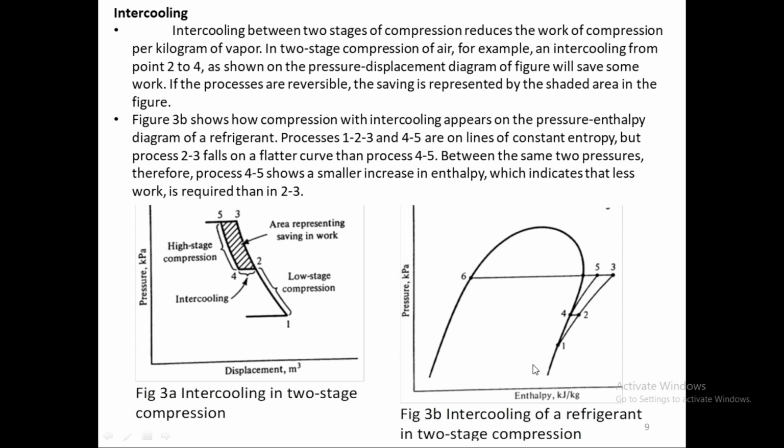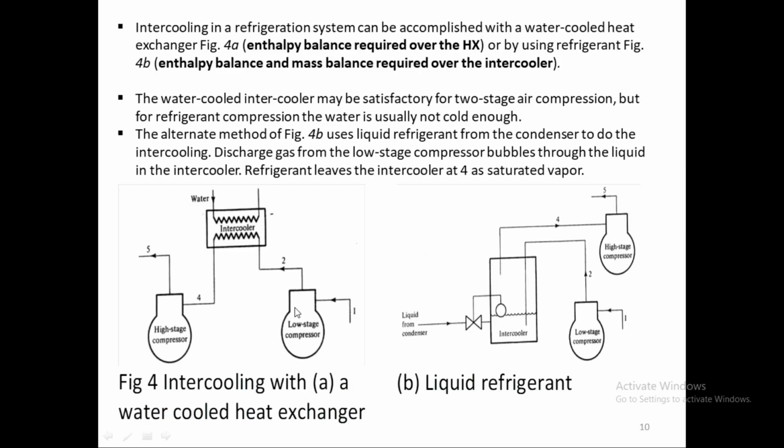So the enthalpy of point 3 will be higher than the enthalpy of point 4. We get a lower enthalpy if we follow 1, 2, 4 and 5 instead of going 1, 2 and 3. So that's the idea. This is how we can save the work.